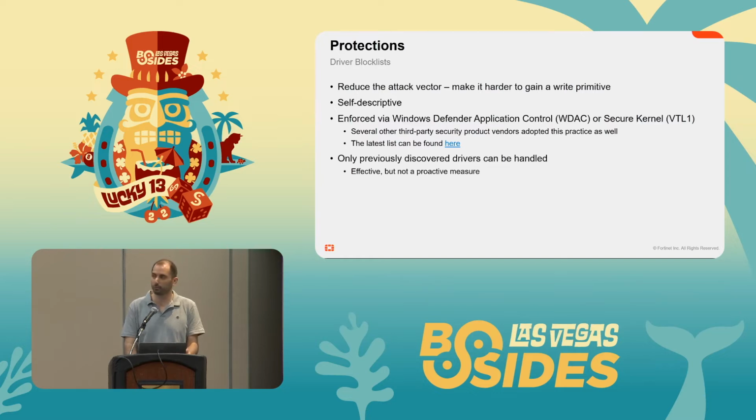It's enforced via Windows Defender Application Control. But the downside is that if you get a new vulnerable driver that you're not aware of, attackers can just find some new samples like that and use that. So it's really not a proactive measure.